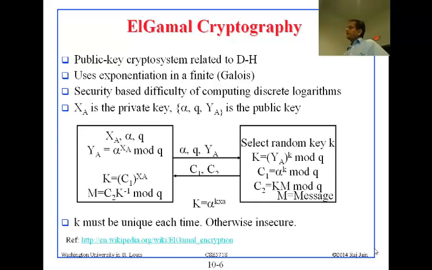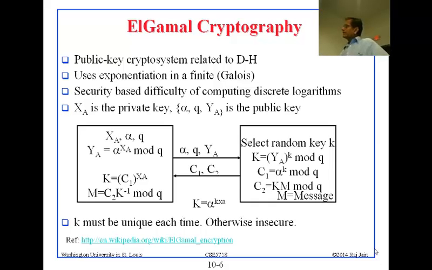So this is somewhere halfway between Diffie-Hellman and RSA. Here, A selects XA, alpha, and Q, just like Diffie-Hellman. It calculates YA equal to alpha raised to XA mod Q and sends out, exactly like Diffie-Hellman, alpha, Q, and YA.